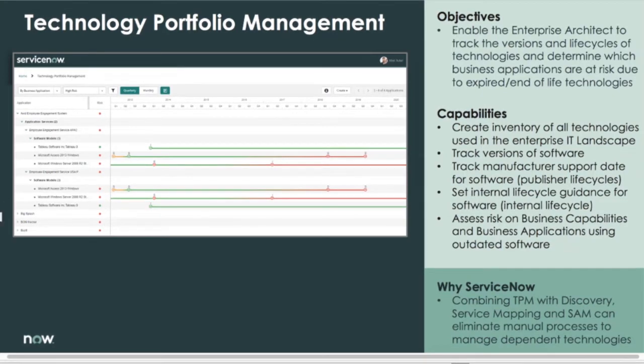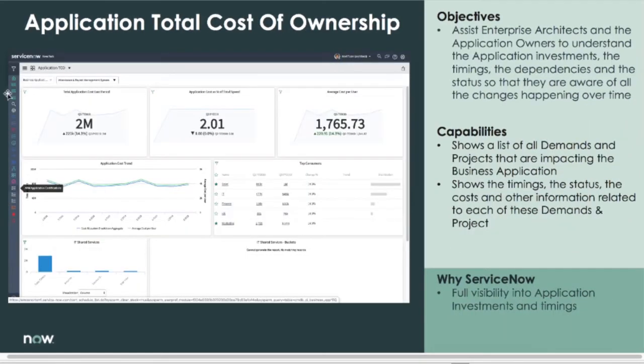applications end of life. We've talked a little bit about the application total cost of ownership. So providing you with that visibility real time here in the application, so you can always go in periodically and understand the overall total cost of ownership. A lot of time that's being calculated by multiple disparate systems, but you're able to have all that here with one solution.